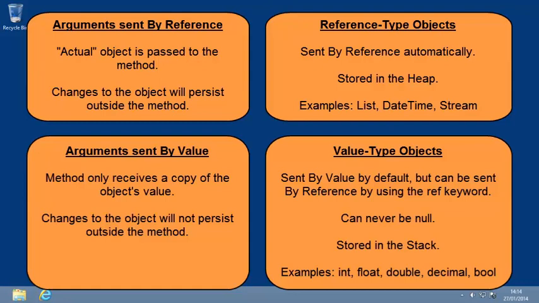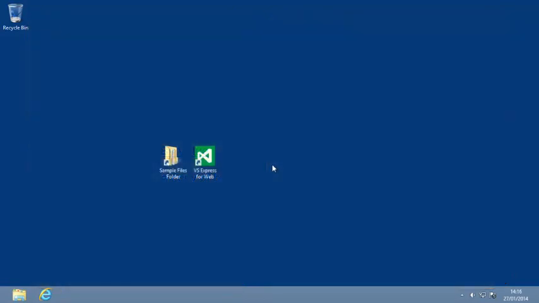The stack is smaller but faster than the heap. It's for this reason that value type objects are stored in the stack. They're expected to need faster access and to use less space. The heap can grow to any size that is required, but it's slower than the stack. For this reason, the larger reference type objects are stored in the heap.